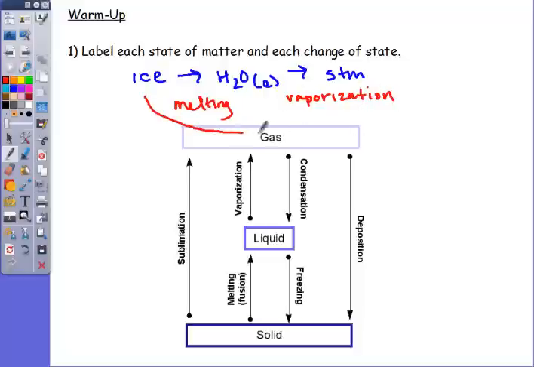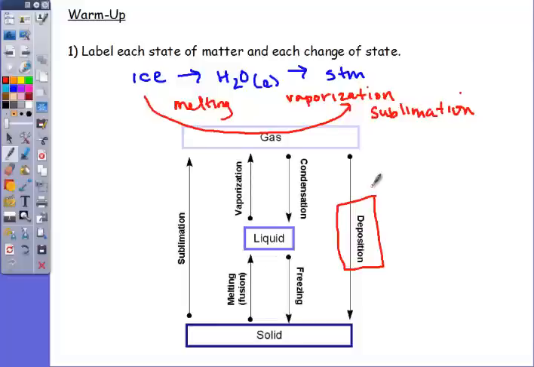And then most of you have been exposed to what's called sublimation. Sublimation is when you go directly from a solid to a gas without passing through the liquid state. The only thing I'm going to point out on this diagram for those of you that aren't familiar is deposition. Deposition is the reverse of sublimation.